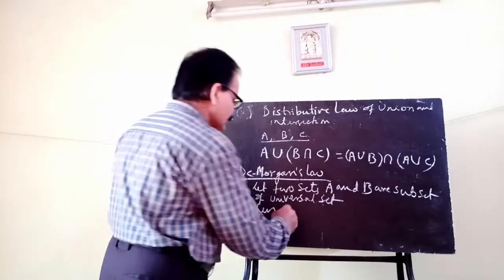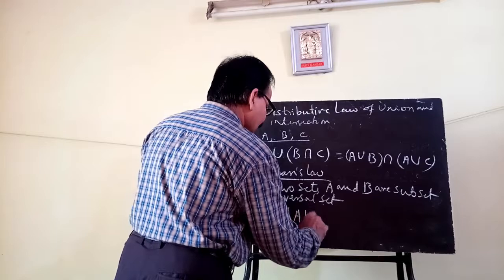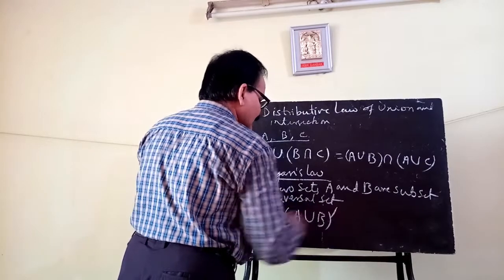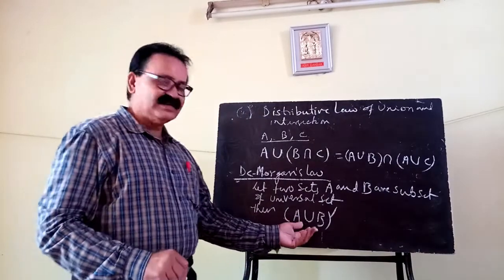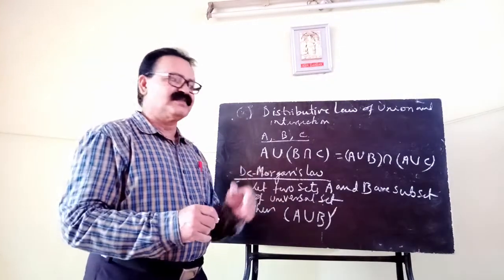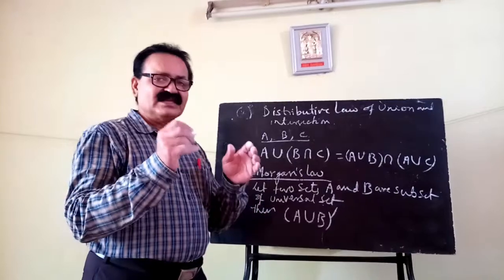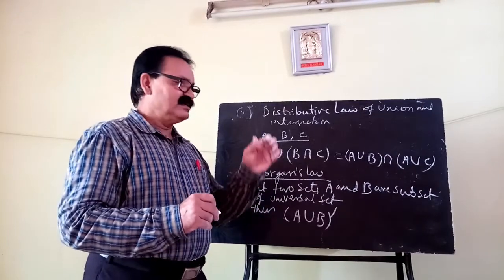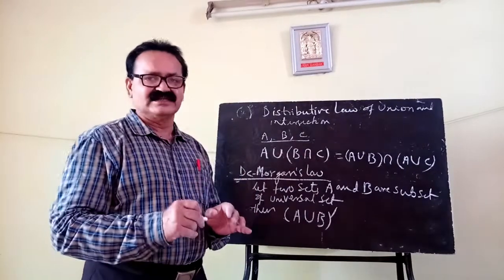Then suppose you are finding the complement of A union B. You know how to find the complement, which I have already explained: the remaining elements of the universal set other than the set itself.